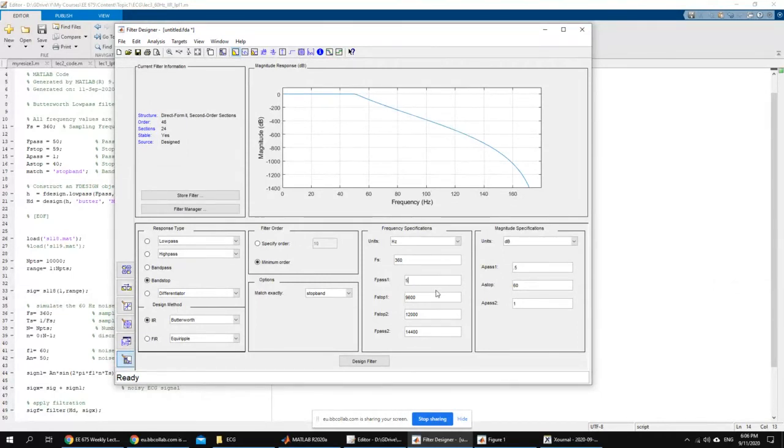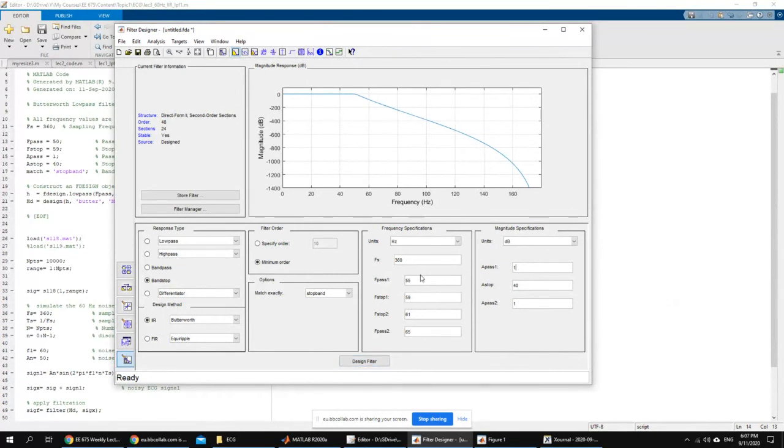We'll just put it as 55. F-stop1, make it 59. F-pass2 is F2, put it like 65. F-stop2, put it like 61. And we put that here as 40, like what we had before. And we have the pass band attenuations, 1 for both.